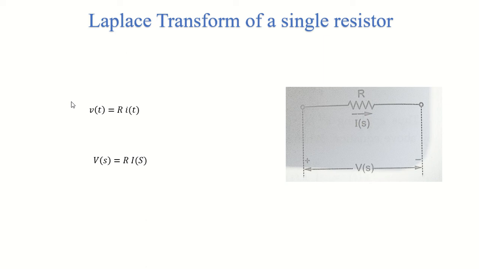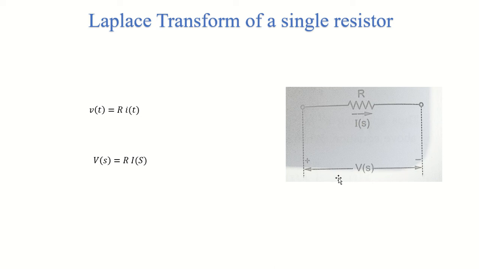Now because we know that my voltage and my current both are functions of time, and R is constant because it is resistance, you can find the Laplace transform of this equation. Your voltage in the time domain will become voltage in the frequency domain.